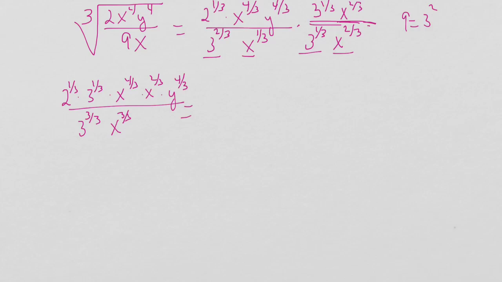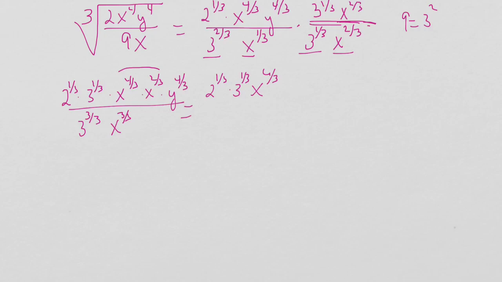So now I have 2 to the 1/3 times 3 to the 1/3. Now x to the 4/3 times x to the 2/3: using our exponent rules, we can add 4/3 and 2/3, so I get x to the 6/3.